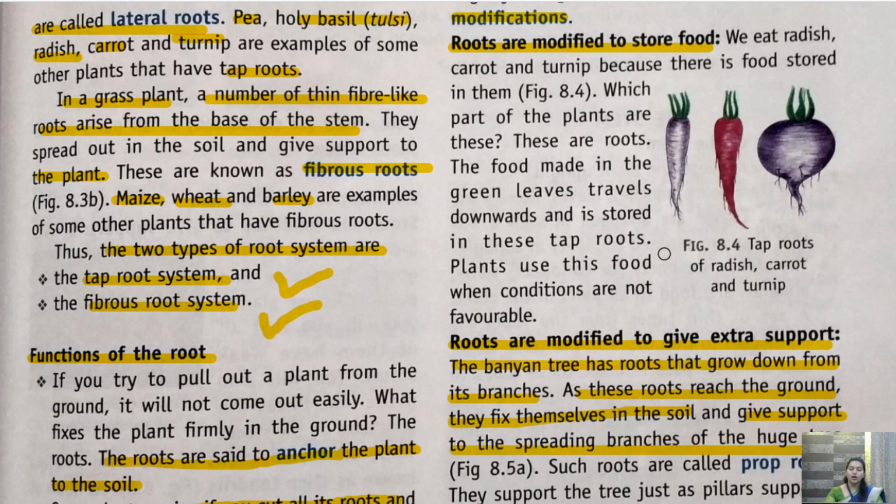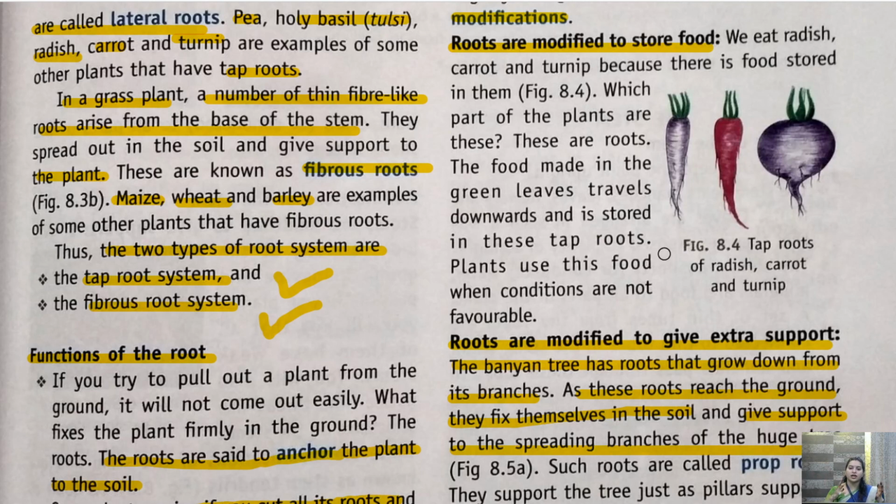So what happens? The banyan tree has many stems and their branches. From those branches a root will come and it will go and get submerged in the soil. By this, they give support to the branches, so that it does not break.